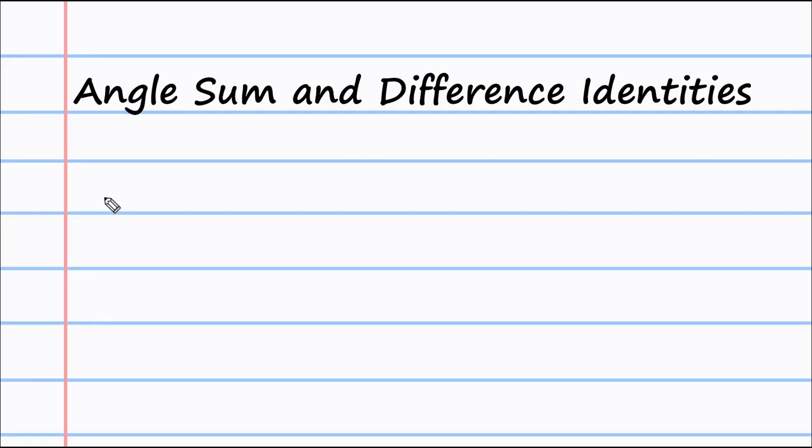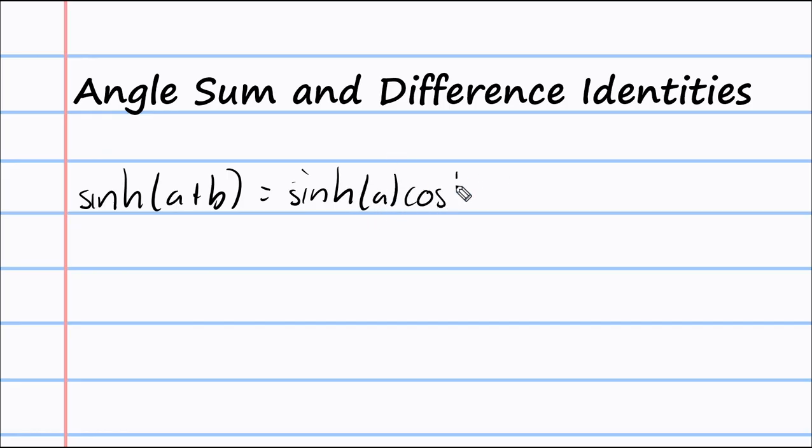Okay, so let's explore some of our angle sum and difference identities. These are, again, really similar to the original trig functions. So let's look at sinh of a plus b. That's equivalent to sinh a cosh b plus sinh b cosh a.